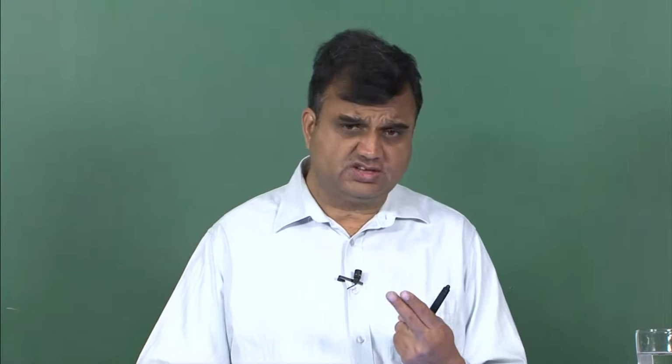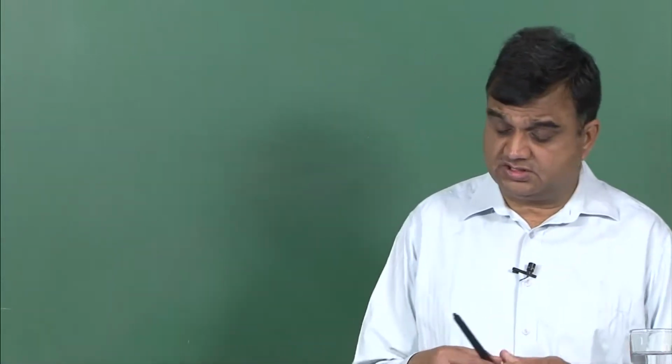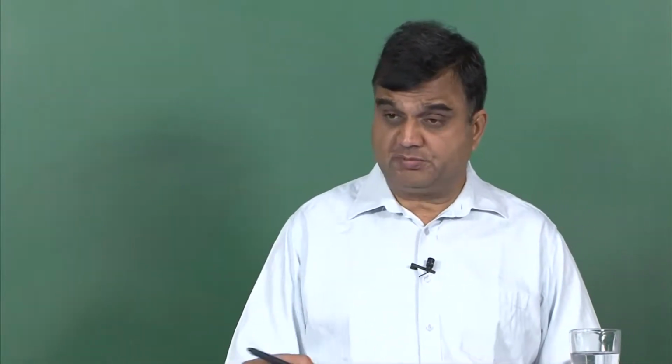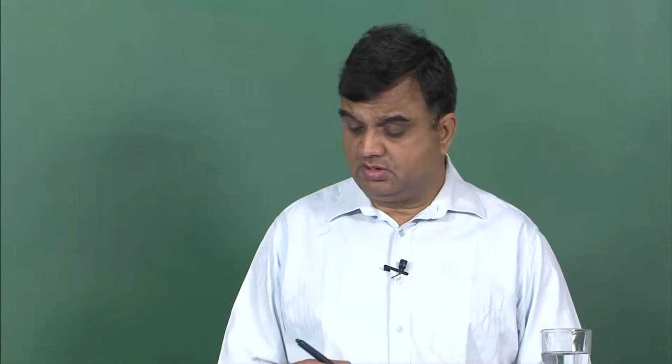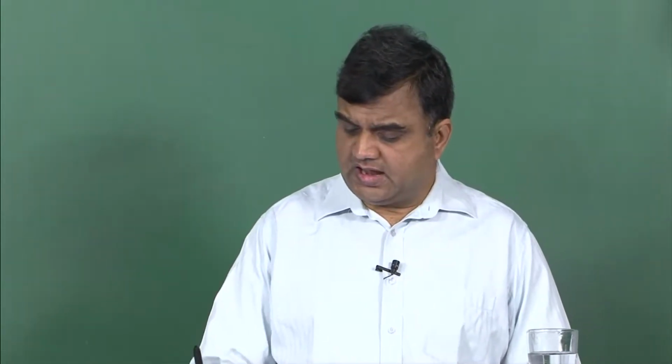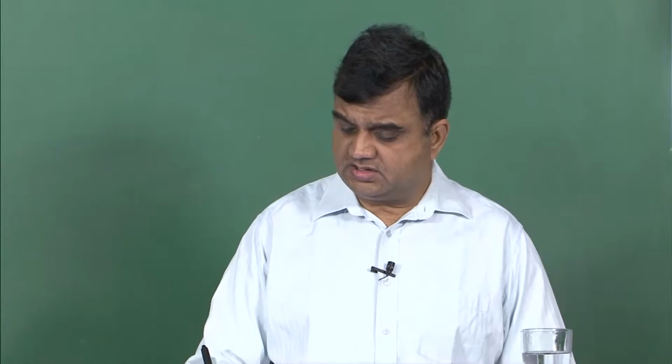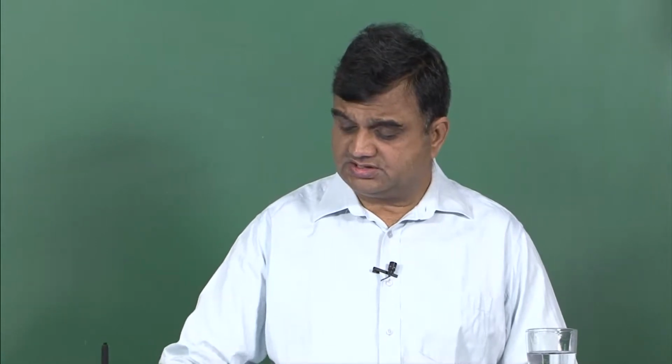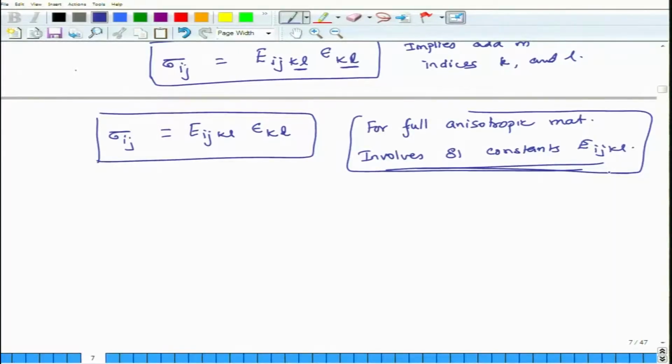It has only two independent elastic constants. For anisotropic, it is much more than 2, and right now we see that it requires 81 constants. Now, all of these are not independent, but it is certainly more than 2, and we will try to explore how many we really need. So, this is there.